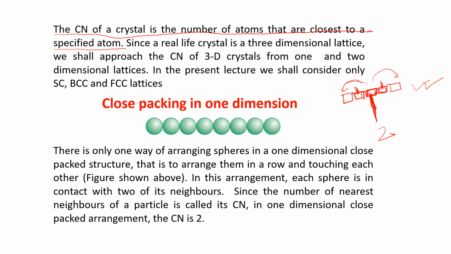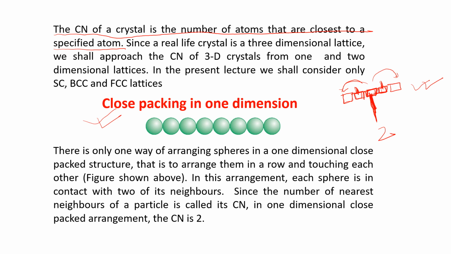Come to this figure. See that these are the spheres. They all are arranged in 1 dimension. There is only one way of arranging the spheres in 1 dimensional close packing.